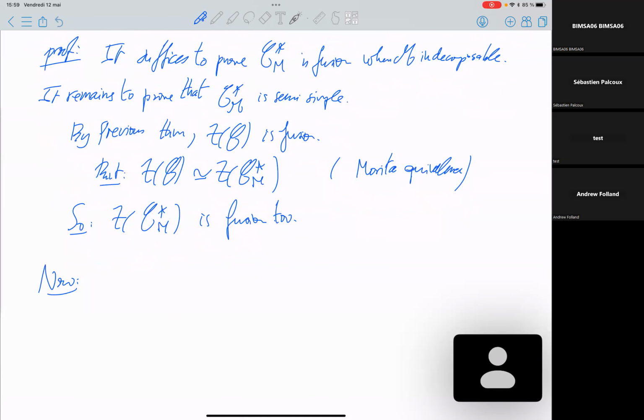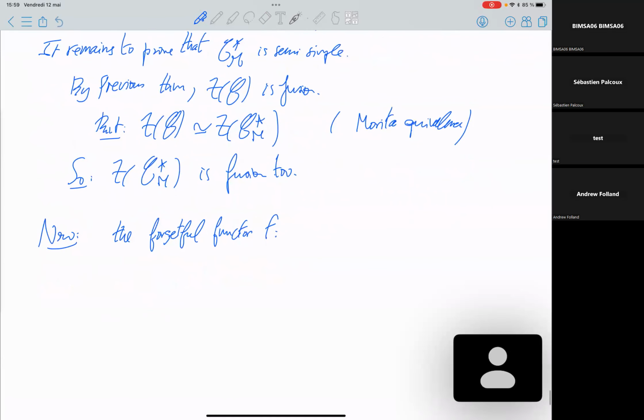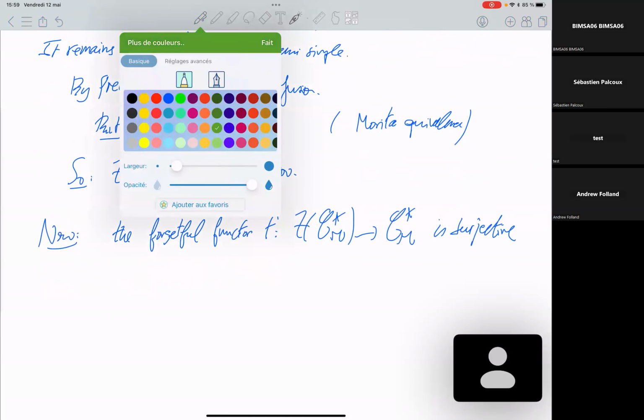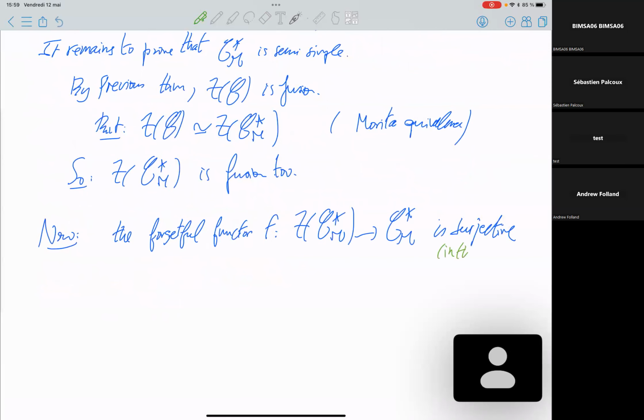Now you consider the forgetful functor F from the center of the dual with respect to M to the dual with respect to M. So it's a surjective functor, always in the weak sense.